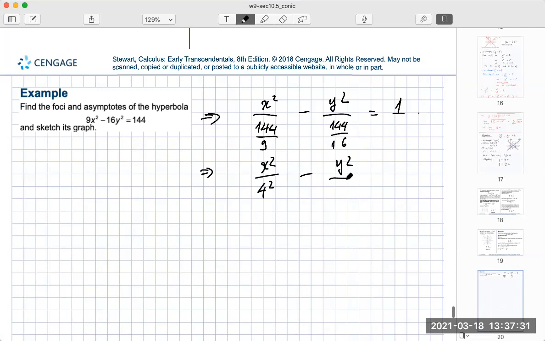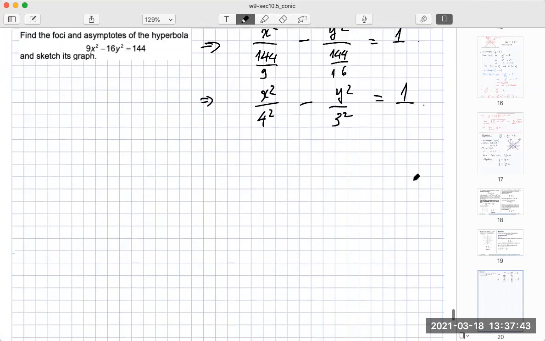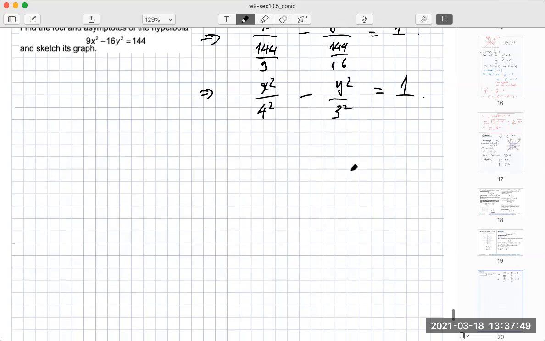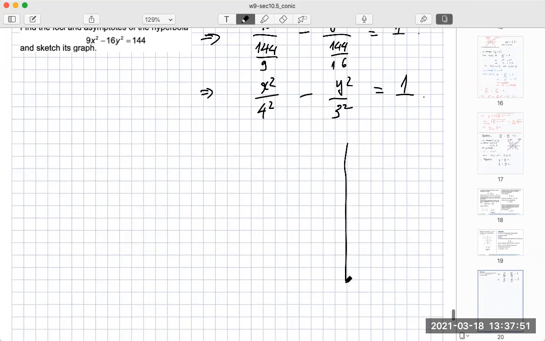So let us write it in the standard form of a hyperbola. Here, then it will be 3 squared. Okay, now let us draw it a little bit.